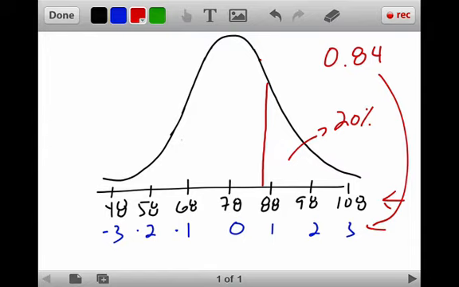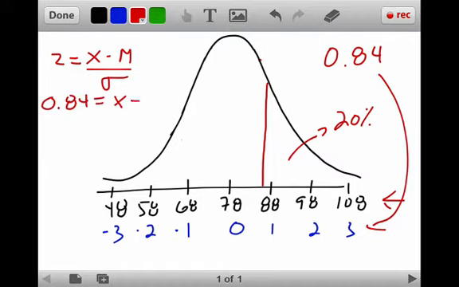We go back now to our z-score formula: z equals x minus the mean divided by the standard deviation. We know the z-score here, 0.84. We are interested in finding x. The mean of this distribution is 78, and the standard deviation is 10. This was given to us in the problem. So we need to isolate x.